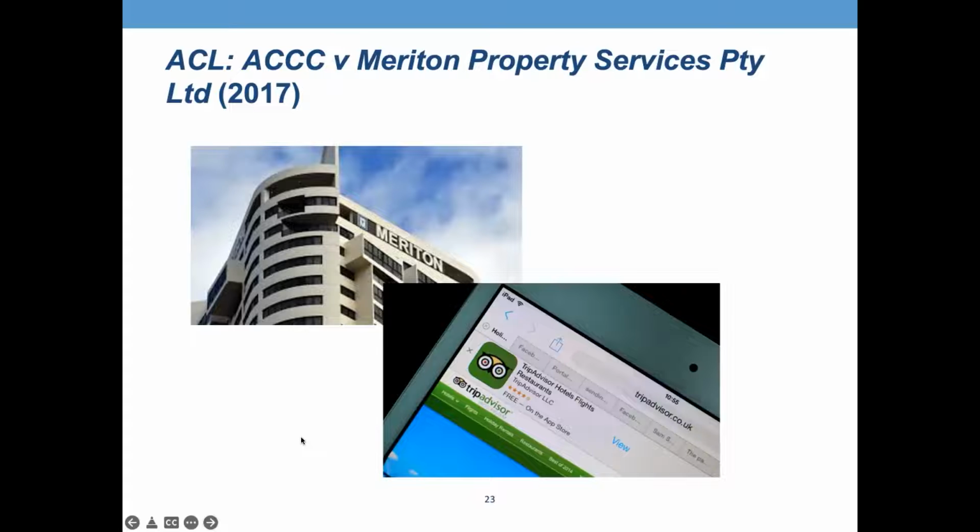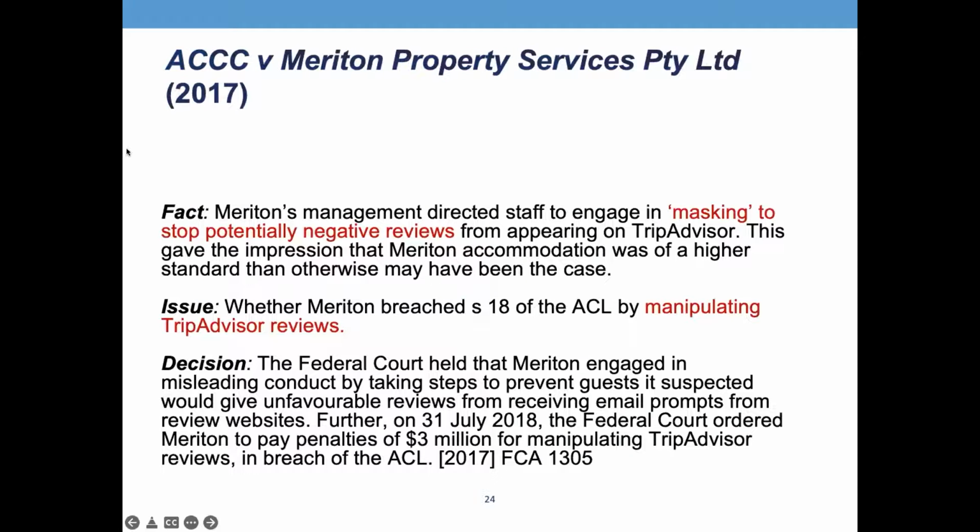In this case, that's a case in 2017, ACCC against Merton. Basically, when we want to book a hotel, normally we will look at TripAdvisor, right? The review record, the Google review record those companies have, right? But the ACCC in that case found they tried to manipulate such a process.